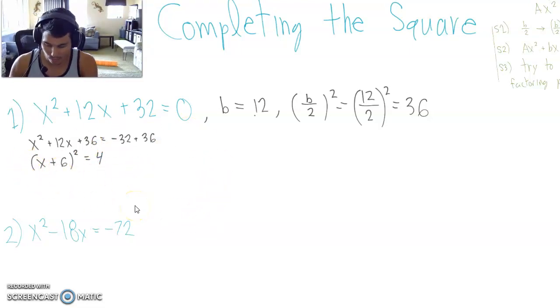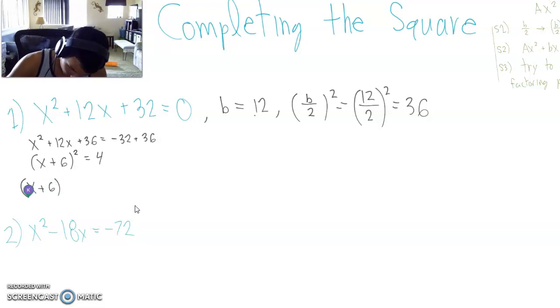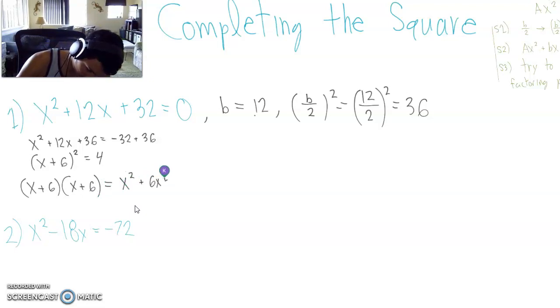Okay, so you already got this new answer right here, and that's good. And let's just do a little check. If I was to write it as x plus 6 times x plus 6, well, that is x squared plus 6x plus 6x plus 36.